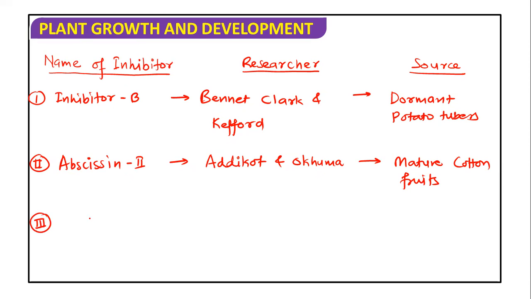And the third is dormin. This dormin was researched by Wareing and Robinson from old Betula leaves.